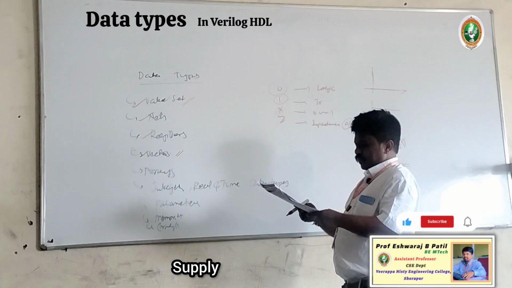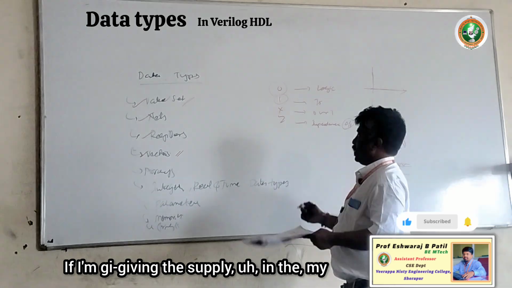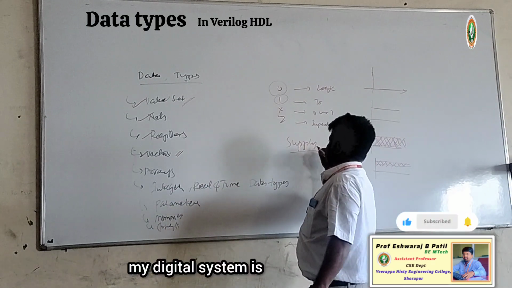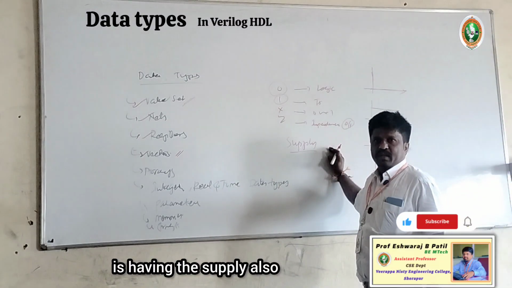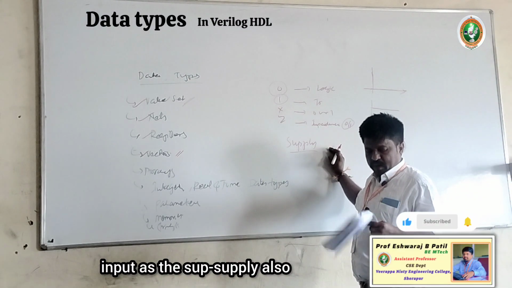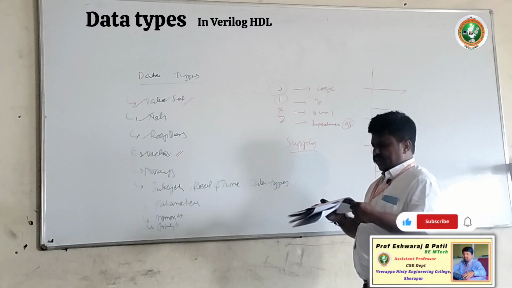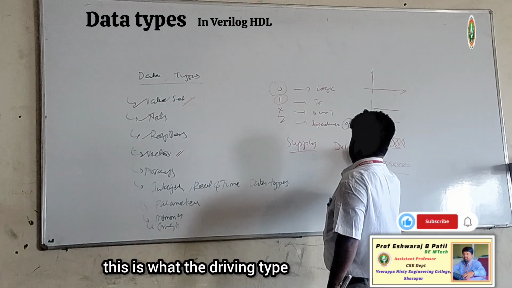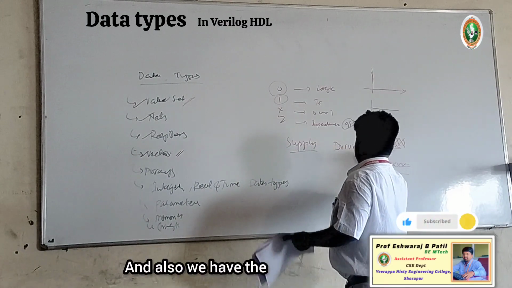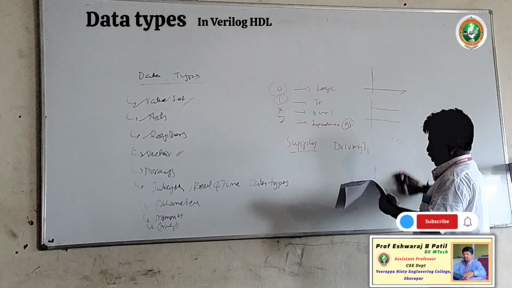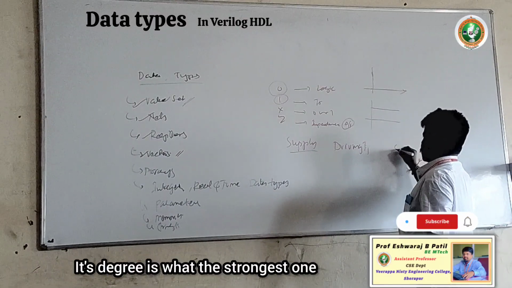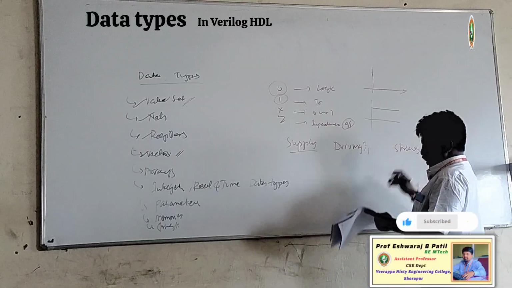Which are those? Supply. My digital system can have the supply as an input also. Then it is a driving type. Its degree is the strongest one, the strength level. Supply is the driving type, and its degree is the strongest.